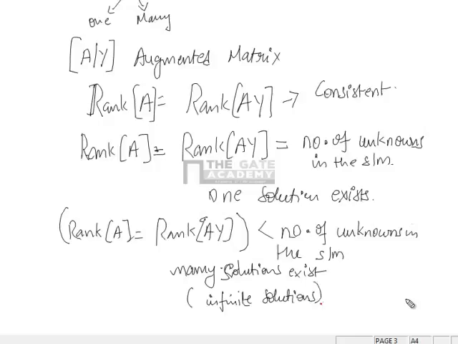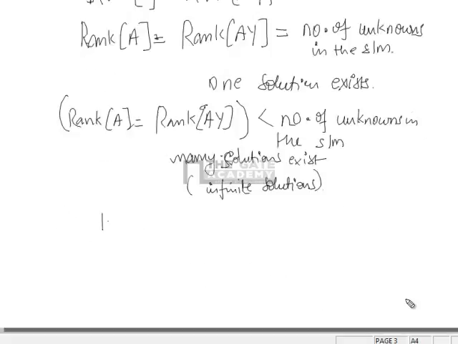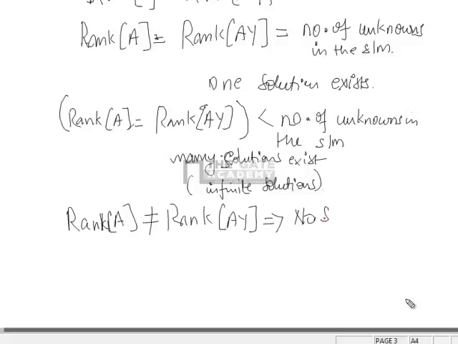If rank of A is not equal to rank of [A|Y], then no solution exists.